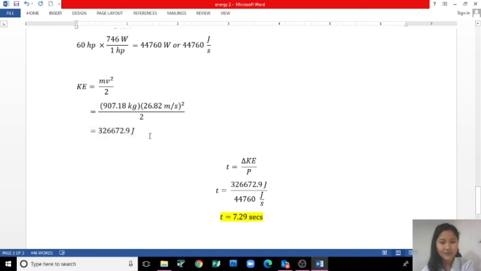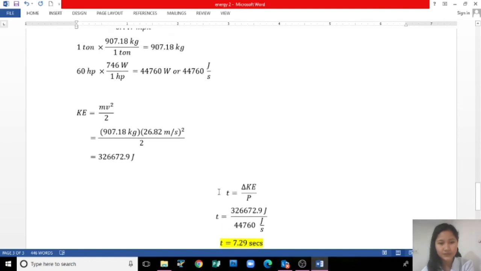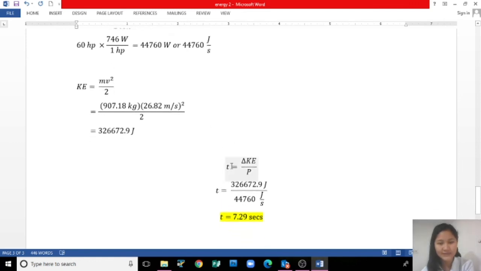In order to find the time, the formula is T equal to delta KE divided by the power. Substituting all the given into the formula, the time is equal to 7.29 seconds.